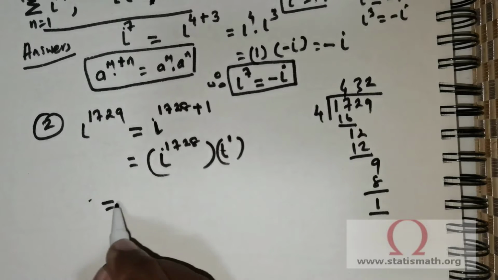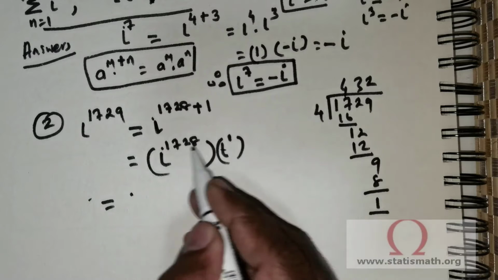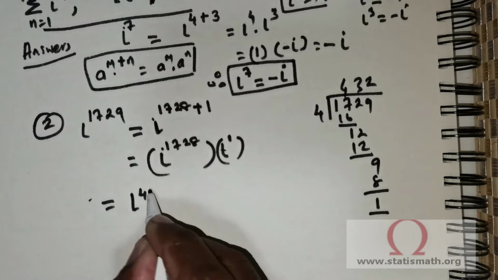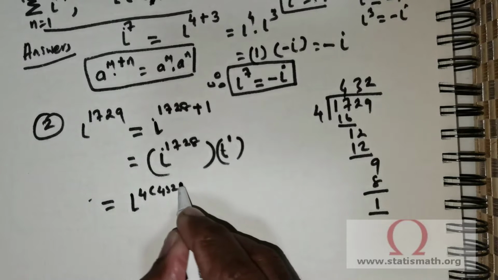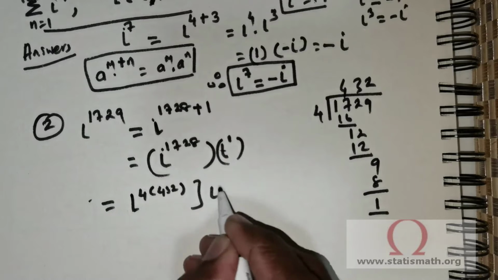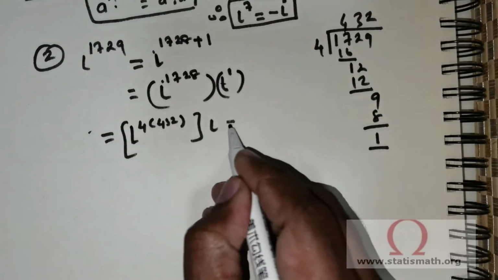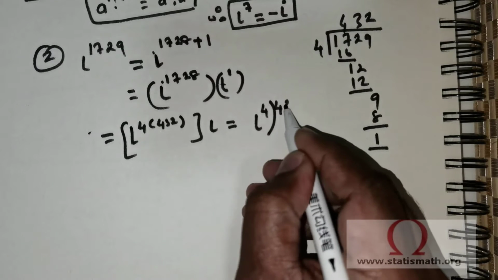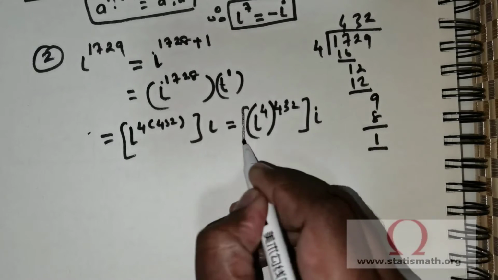Now 1728 can be divided by 4, 432 times. So this is going to be i raised to the power 4 times 432, times i. This is the best way to write it, multiplied with i.